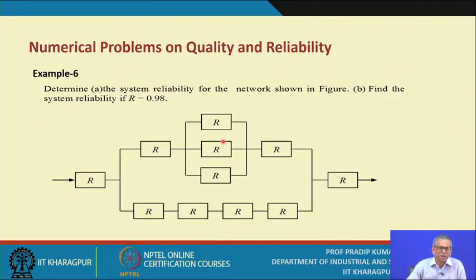The components may be different, obviously, but whatever may be the design of a particular component, you make sure that the reliability is very high and the reliability value is the same for all the components. That is a very challenging assignment for any designer.